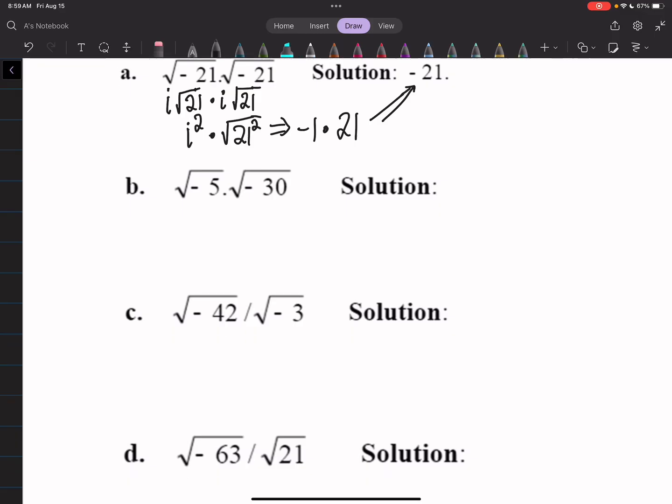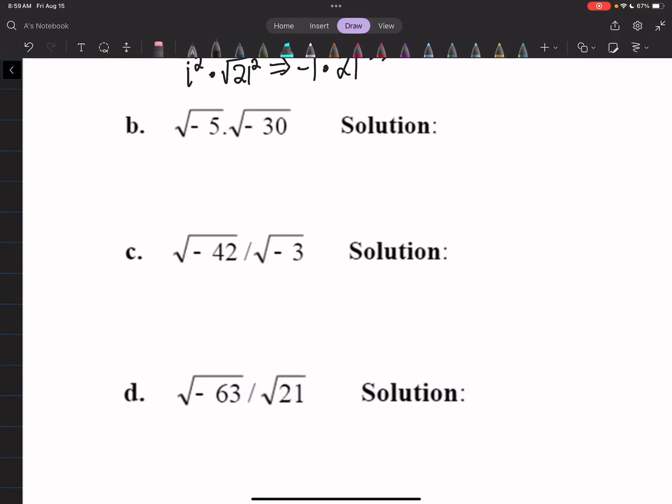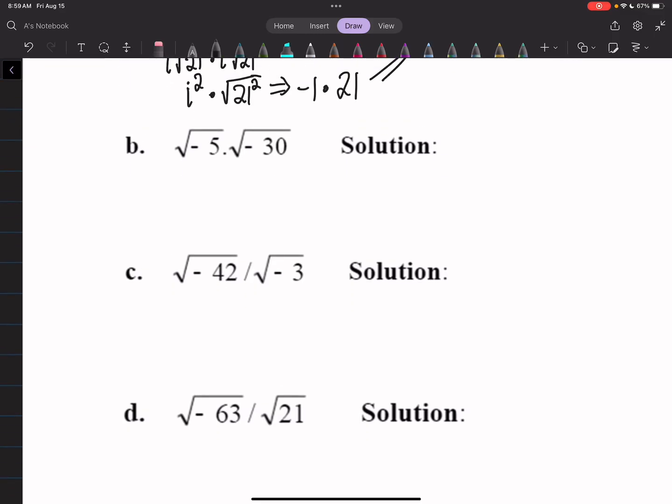Try B, and I'm going to do C. All right, I have i times the square root of 42 divided by i times the square root of 3.